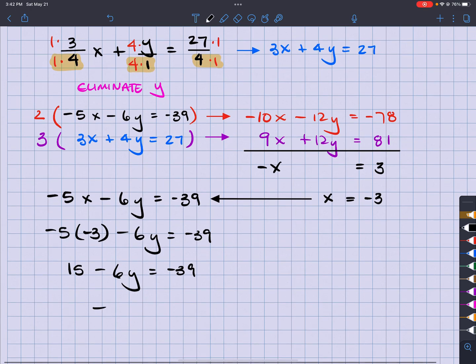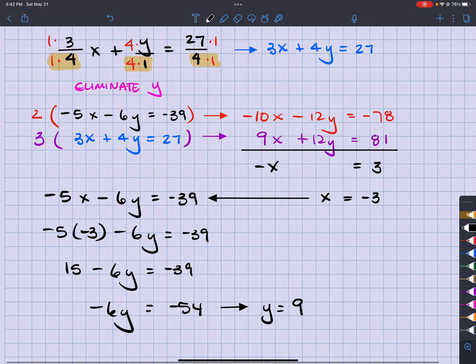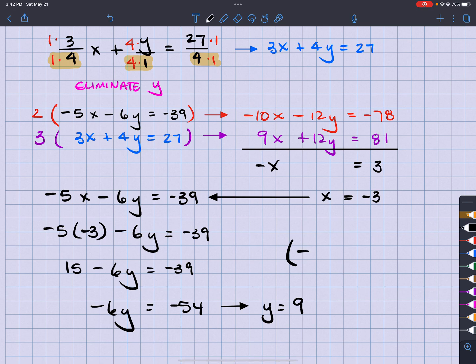So I'm going to have -6y is equal to -54. So my y is going to equal +9. So I have my x and y, so my answer is going to be the point -3, 9, and that is going to be choice A.